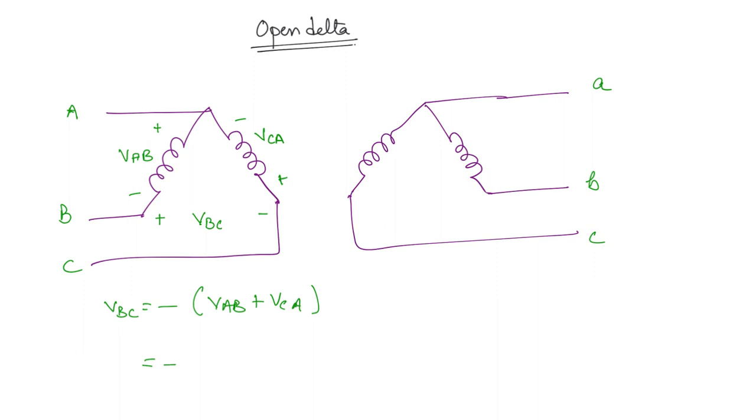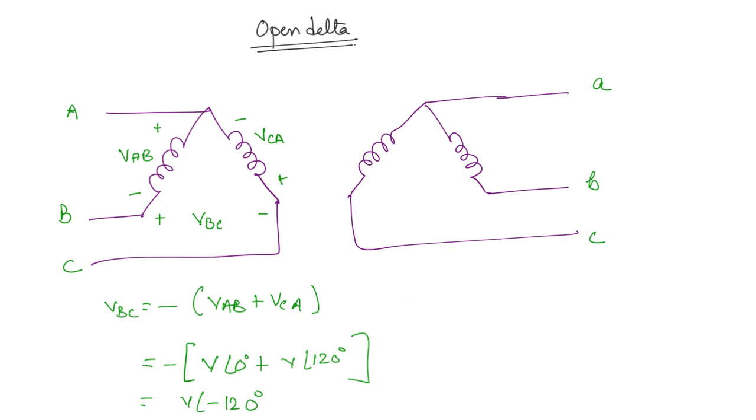Now how can you represent VAB? If you take the magnitude as V and the angle as 0 degrees, then VCA is going to be V angle 120 degrees. If you calculate, you are going to get VBC as V angle minus 120 degrees. So you can see that VAB, VBC and VCA still form a balanced 3-phase supply. They have the same magnitude and are each 120 degrees out of phase. And now the same voltages are going to be induced here.